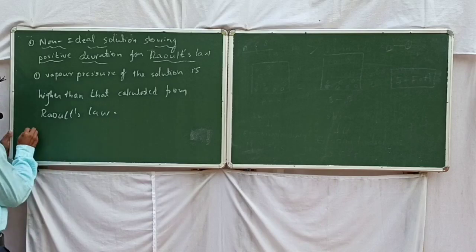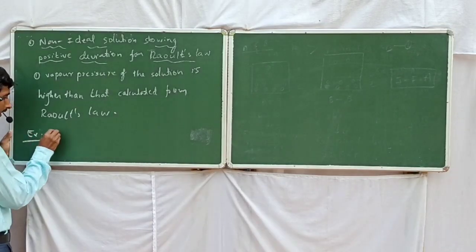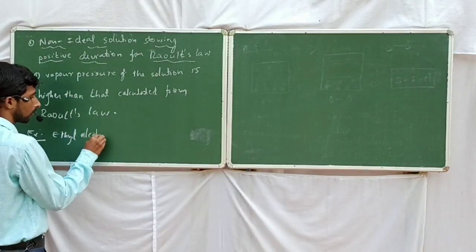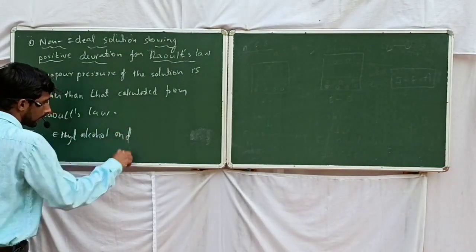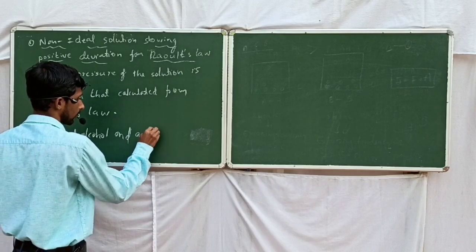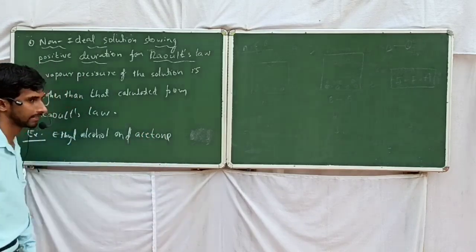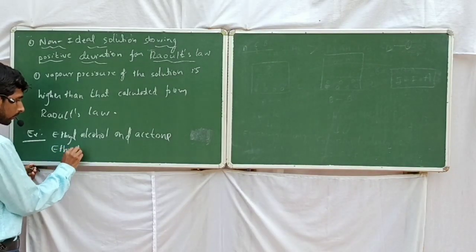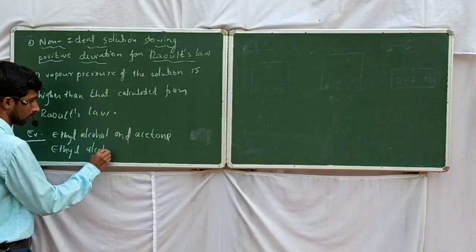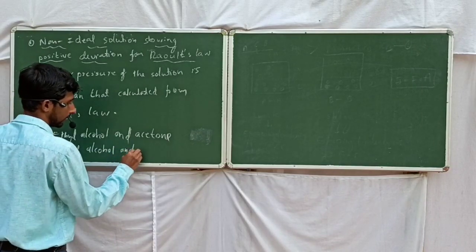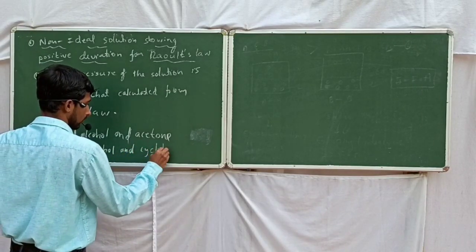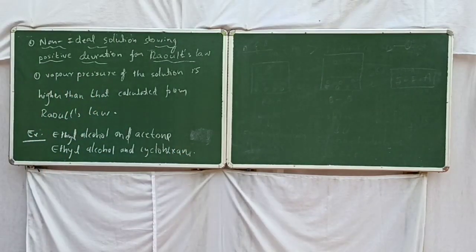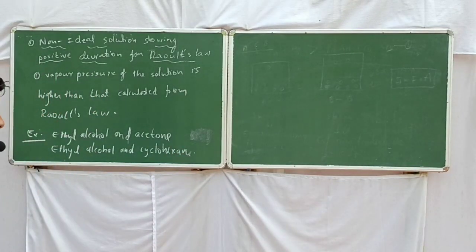You can take the example of a mixture of ethyl alcohol and acetone. Next we can take ethyl alcohol and cyclohexane, solutions showing positive deviation from Raoult's law.